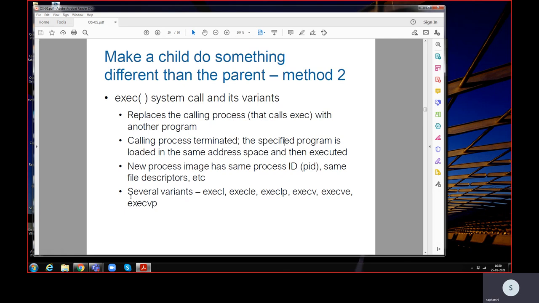Now, one thing I'm leaving as homework: there are several variants of exec. Things like execl, execle, execlp, execv, execve, execvp. There are usually these six variants of exec. Learn what is the difference between these six versions.